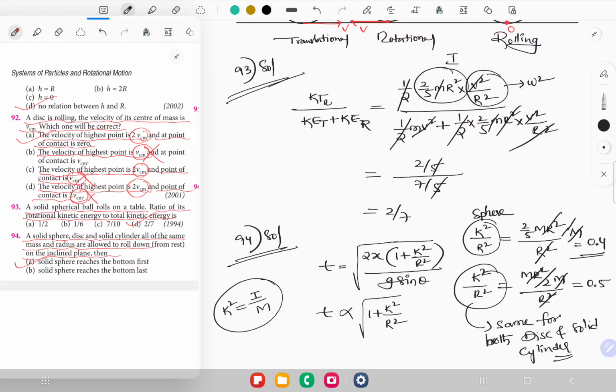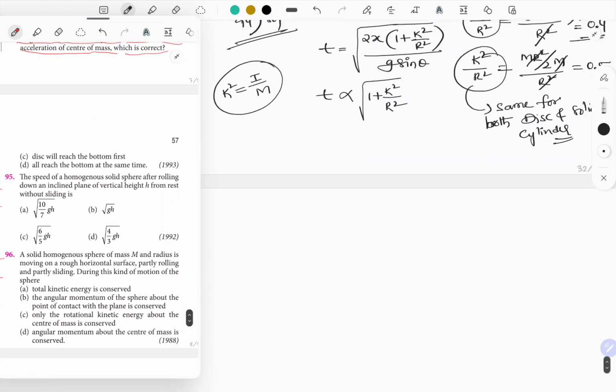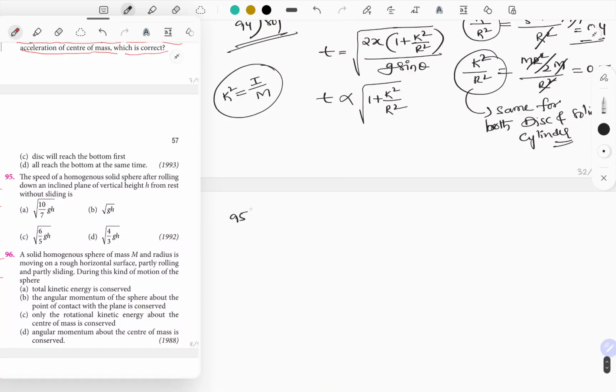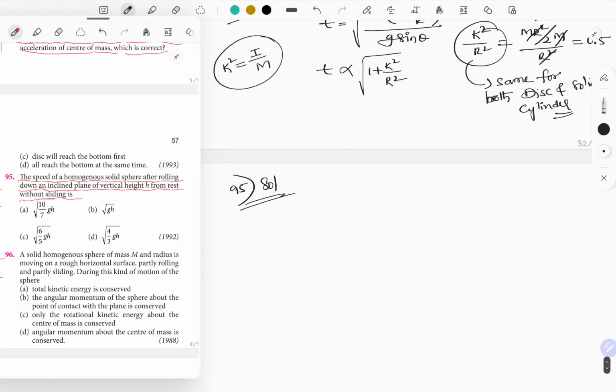Next, question number 95. Let's try. In question number 95, they gave the speed of a homogeneous solid sphere after rolling down an inclined plane of vertical height h from rest without sliding will be.